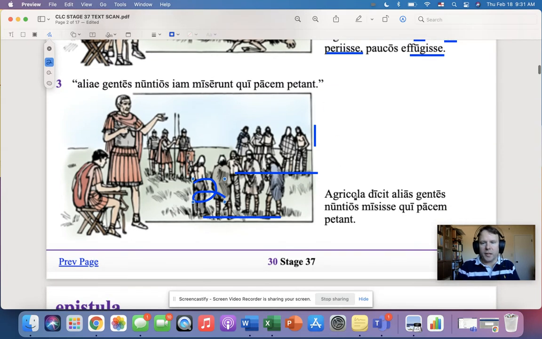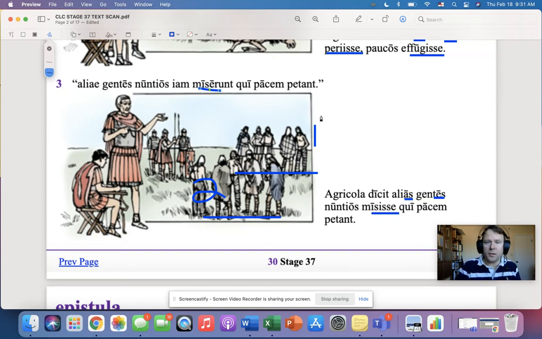And here Agricola dicit alias gentes nuntios misisse. Let's compare: here's miserunt, there's misisse. Qui pacem petant looks exactly the same, doesn't it? It's a relative clause of purpose there.